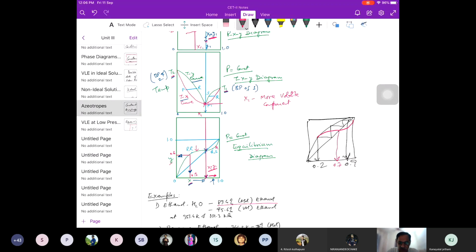Then we need to use azeotropic distillation, or extraction, or different methods. There are other methods of doing it, but by simple distillation, we cannot get anything more than that. And this point, where the curve changes and crosses over, is the azeotropic composition.